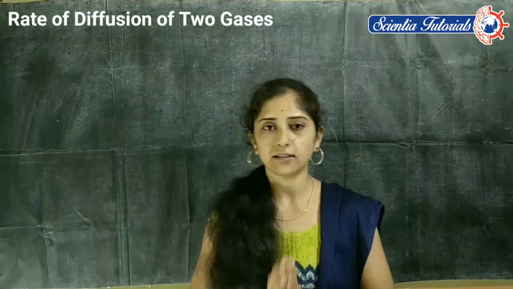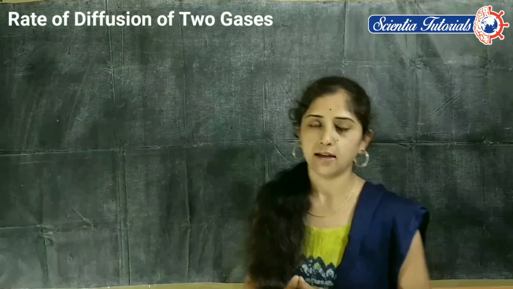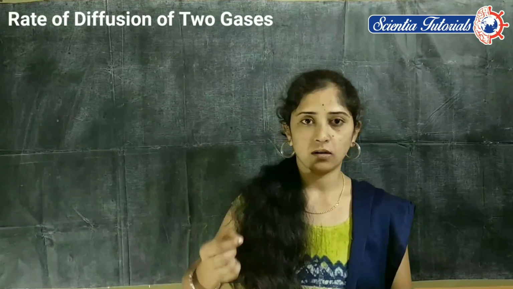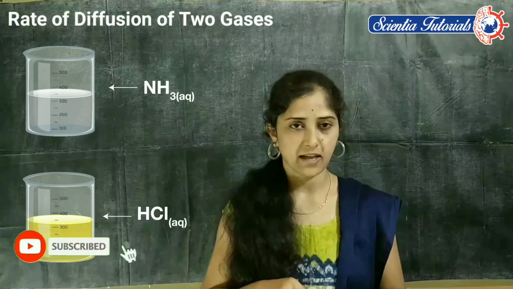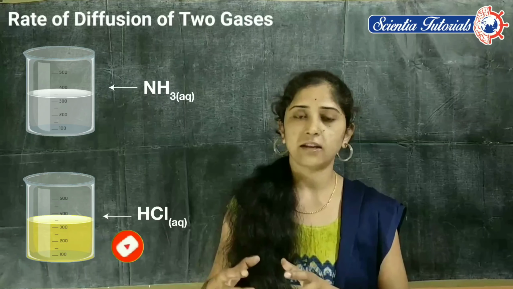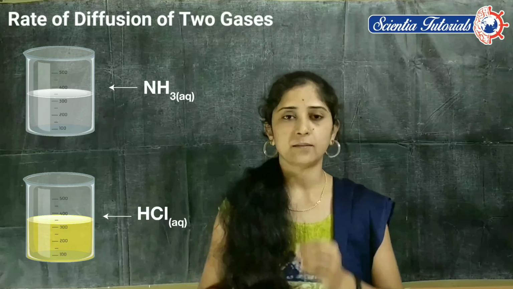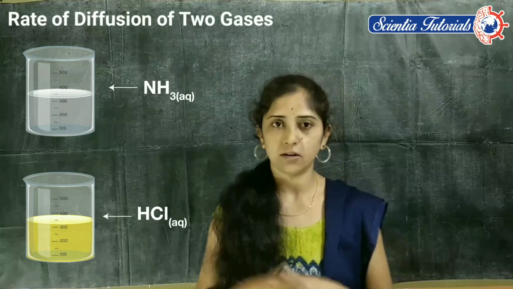Then what precautions should be taken in this lab activity? We should take care while dipping the cotton ball into hydrochloric acid, because hydrochloric acid is a very strong and dangerous acid. It may cause burns or injury to your skin.